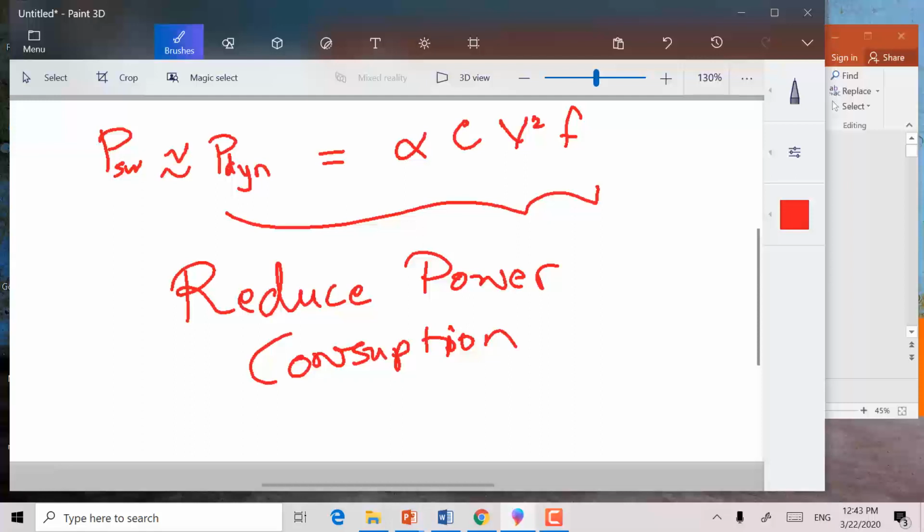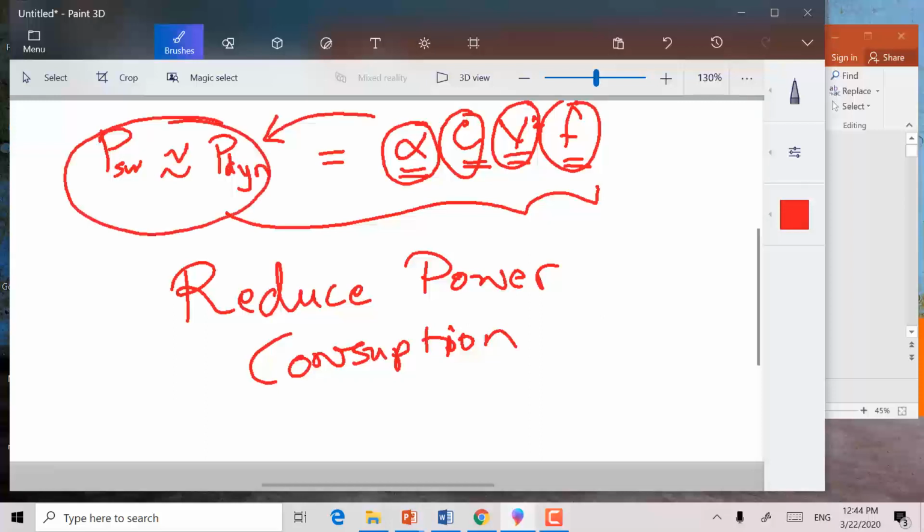So we want to conserve energy and reduce power of the switching devices. So how do you do that? Well, the answer is right here. You reduce this, or this, or this, or this. Today's topic is how you reduce the activity alpha, the capacitance, the voltage, and the frequency, to lower the power consumption.